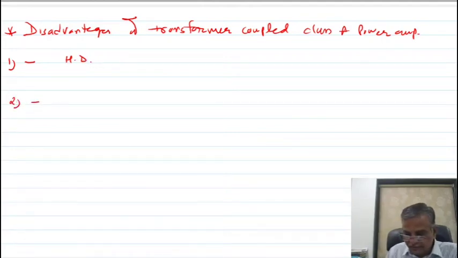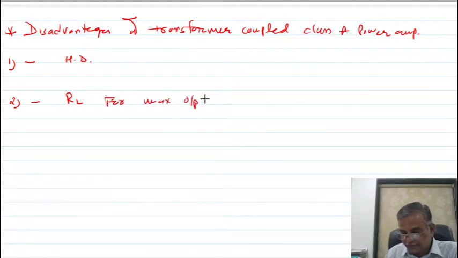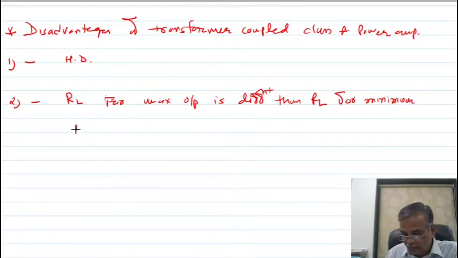Second, the load which gives maximum output power is different than the load for minimum harmonic distortion.